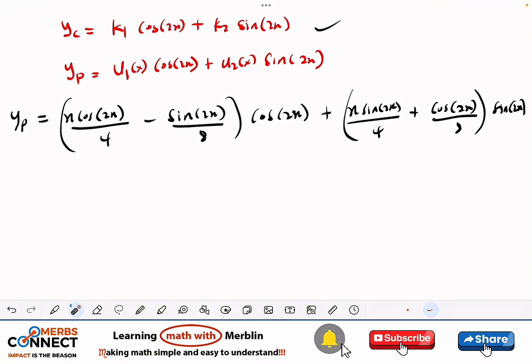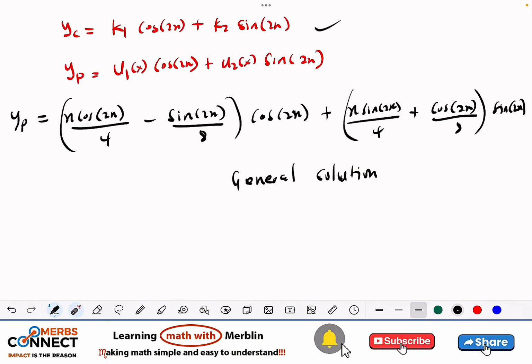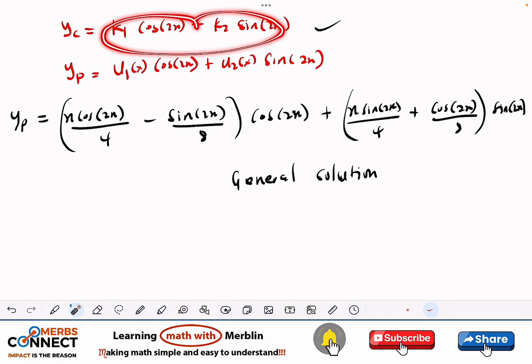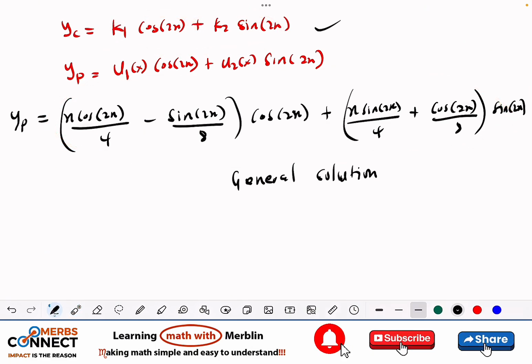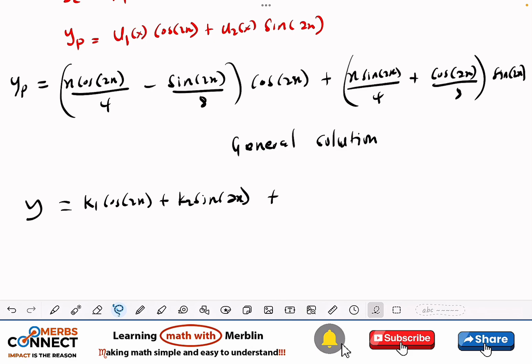So our general solution is going to be this plus the whole of that. So y will be equal to k1 cos 2x plus k2 sine 2x plus the whole of the particular solution here.